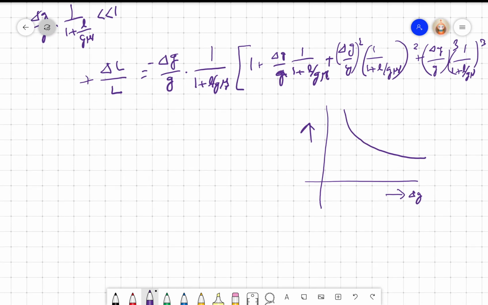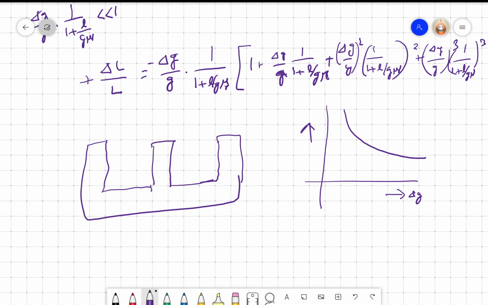Normally, this is not a very useful transducer, but nevertheless, if I make a structure like this, and I put a hinge, and then put another iron piece which can move this way and move this way, right?